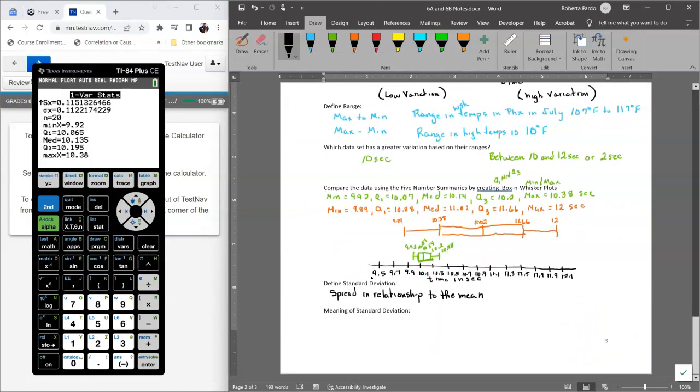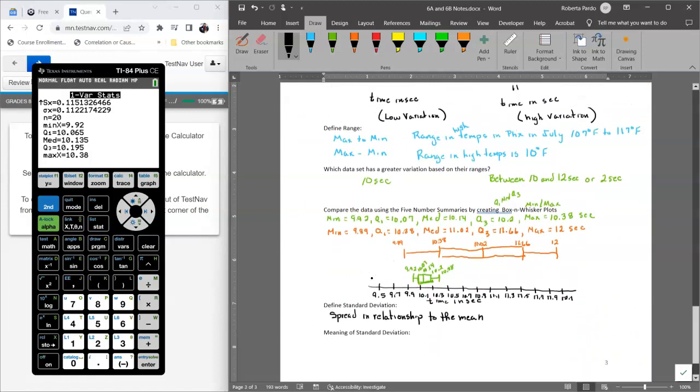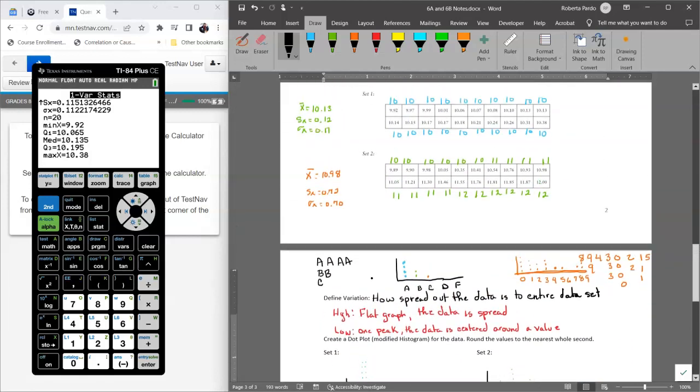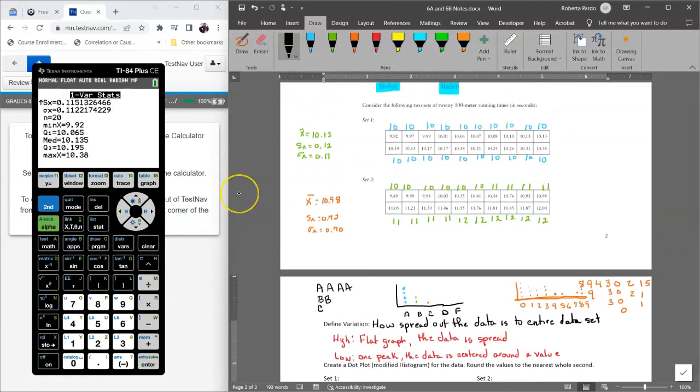So if we look at our two standard deviations, we had 0.12, 0.11. We also had 0.72 and 0.70. So the fact that these numbers are much smaller than set number 2's 0.7 means that we have very low variation.